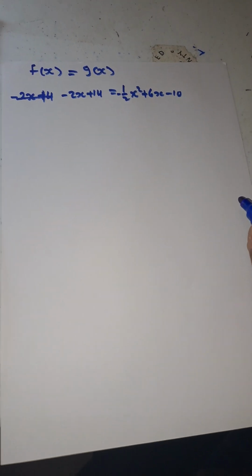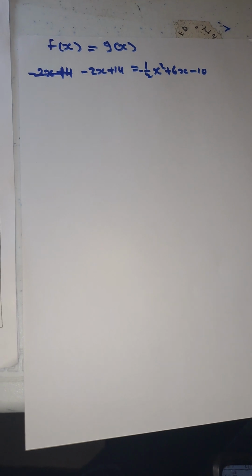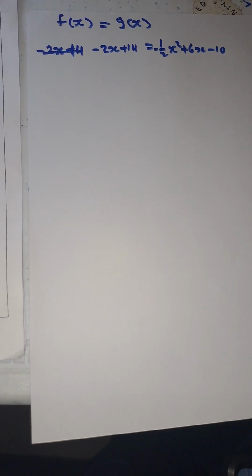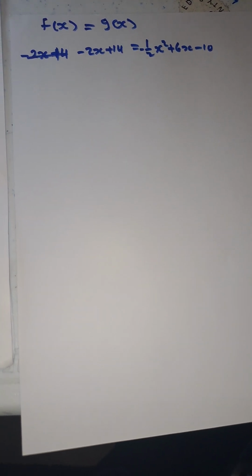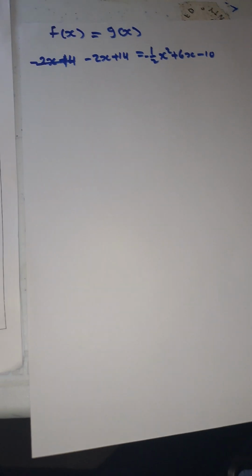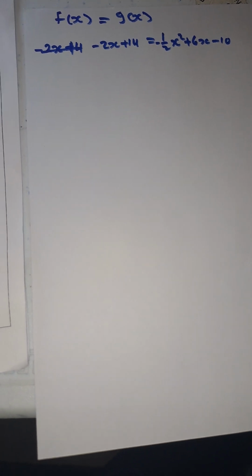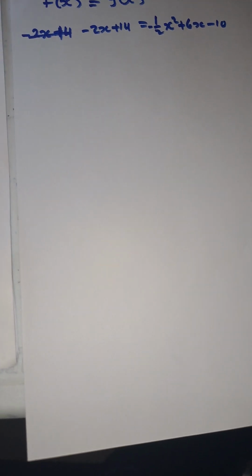You see? And then now, I'm going to simplify my maths. Remember how I'm going to do it. Divide everything by a negative half, because I don't want to confuse myself. But I can do it with no problem.